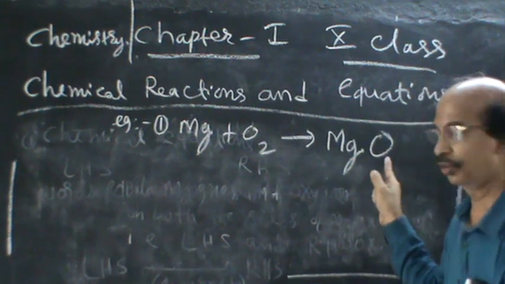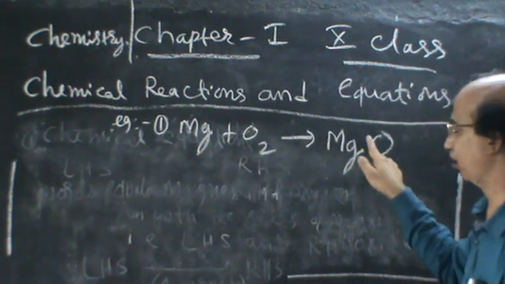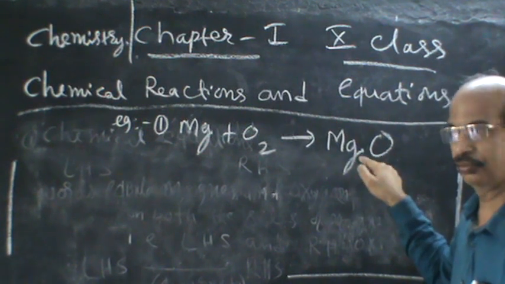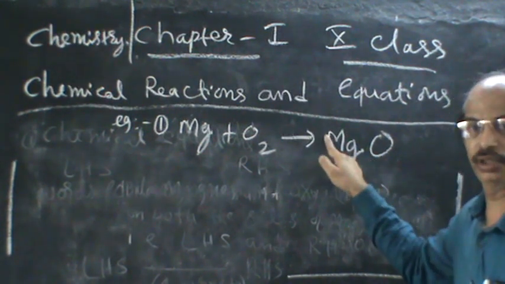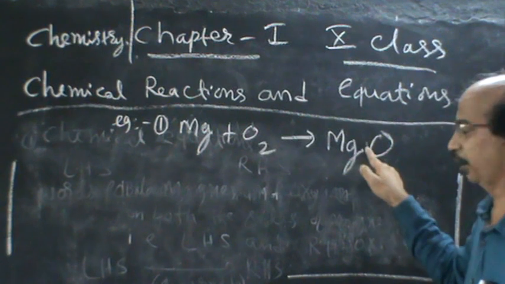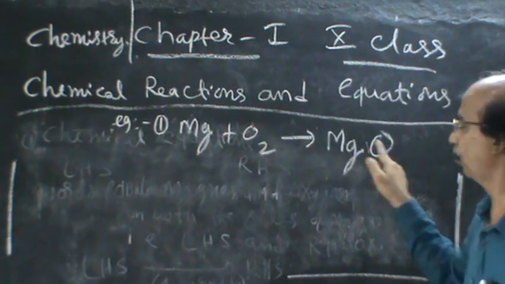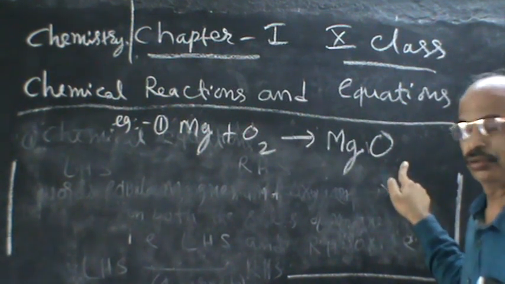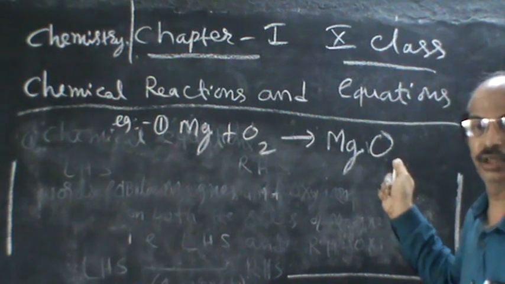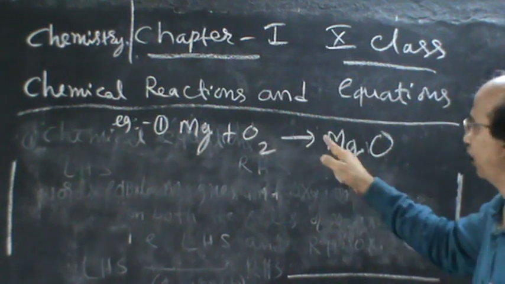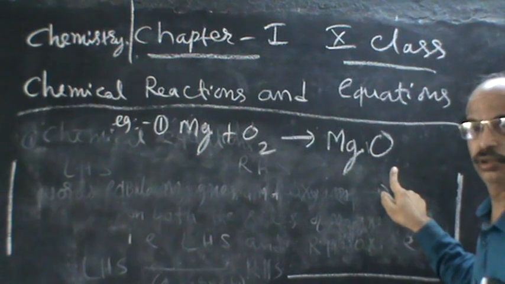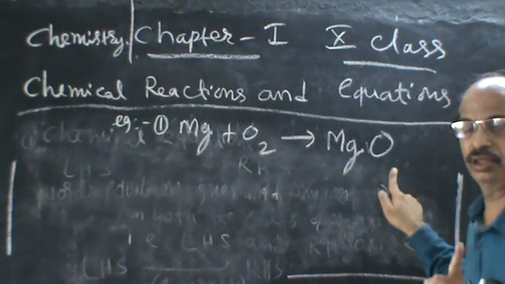Right hand side, how many? 1 into 1. Don't break this. Only on the left hand side you have to take. Here 1 into 1, so on the right hand side it is less now. So you have to increase here, not the number below. I already told you, below the line do not disturb.